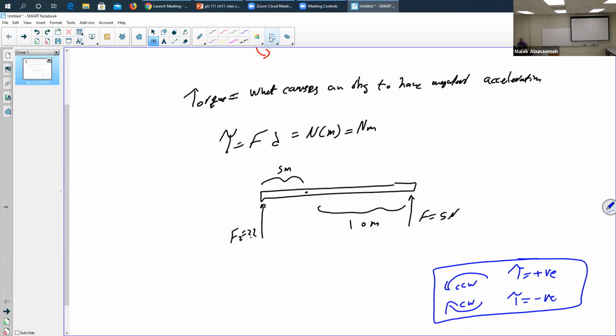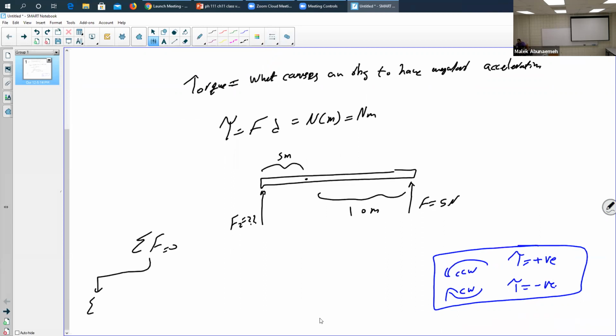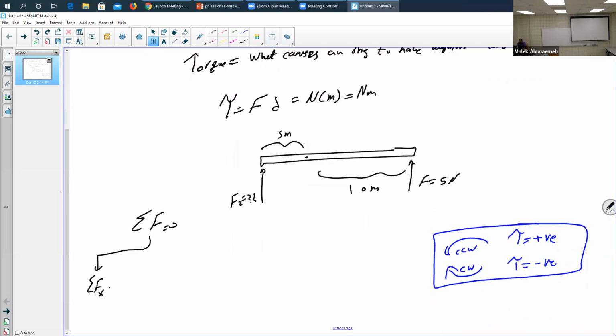Now, in order for us to see if this is in equilibrium, that means all the forces applied on it have to equal 0. We're talking about the summation of all the forces in the x direction has to equal 0, and the summation of all the forces in the y direction has to equal 0.